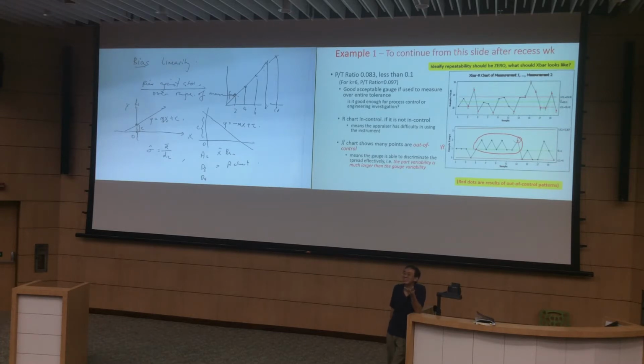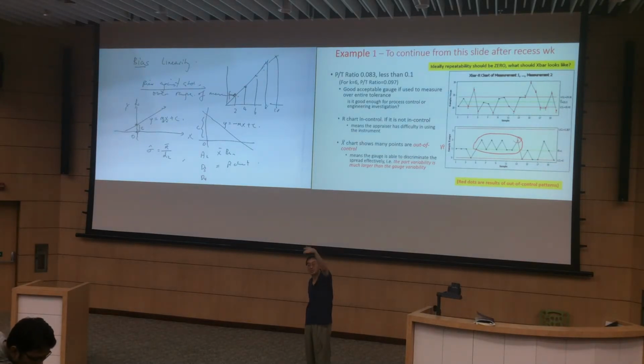Can happen, right? So preferably you always want digital, so you do away with human parallax error, right? Okay? So you check that. And for any measurement equipment analysis to be valid, the range chart must be in control, right? That's why I put it in the first statement in the first slide there: in control, right?